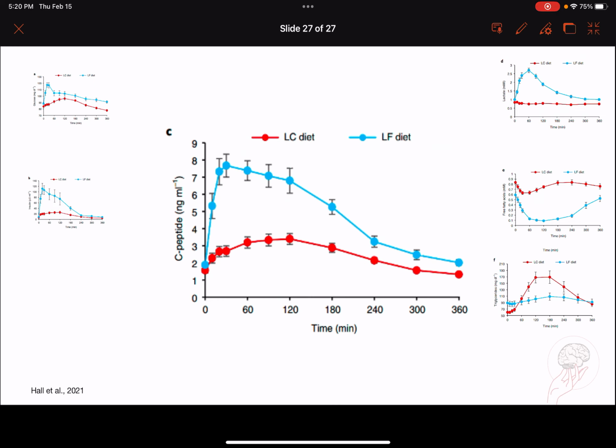And C-peptide is co-released with insulin, and we see C-peptide is released, but C-peptide isn't released on the low carbohydrate.